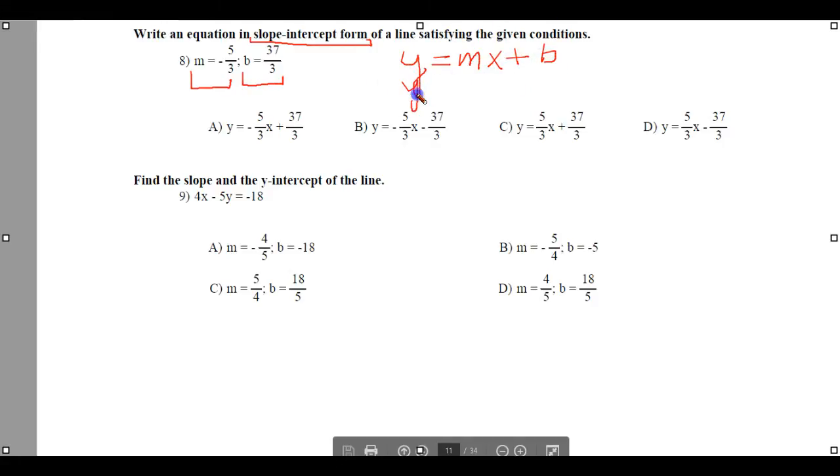Well, it's going to be y equals negative 5/3 x plus 37/3. We're just going to replace in the slope-intercept form the slope and the given y-intercept, which is letter A.